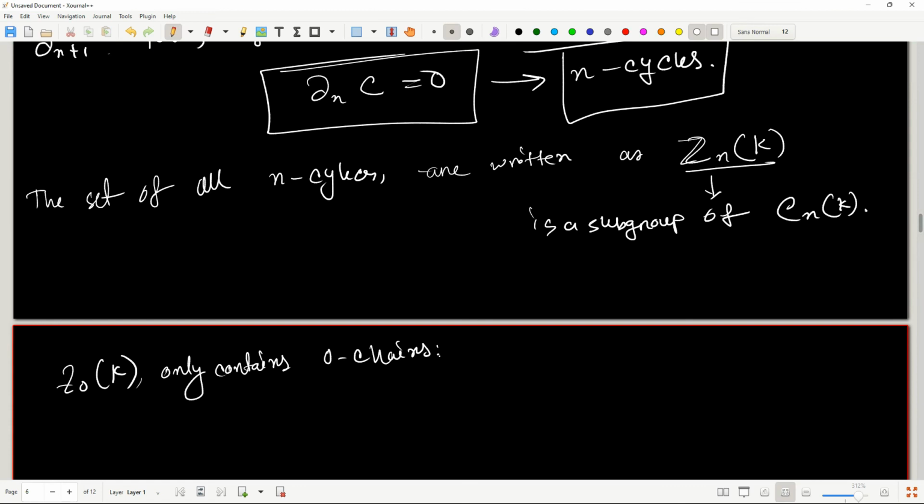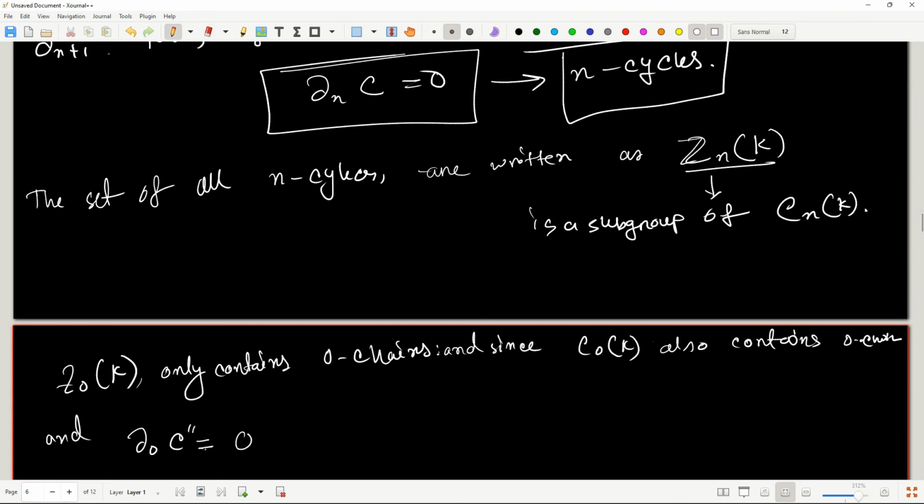And since C0 of K also contains 0 chains, and let's say for some c prime or c double prime, just to distinguish things, where c double prime belongs to C0 of K, that means any type of c double prime you take, those are just points, like this can be a c double prime.